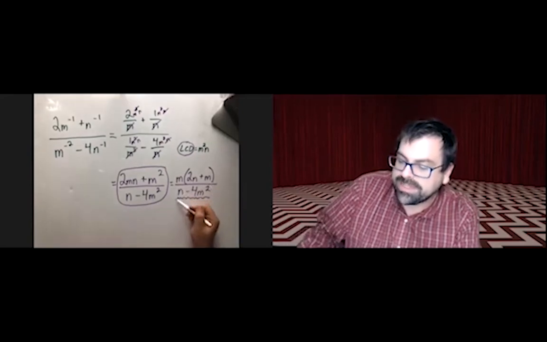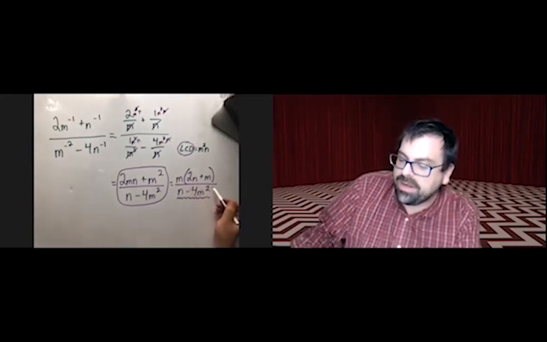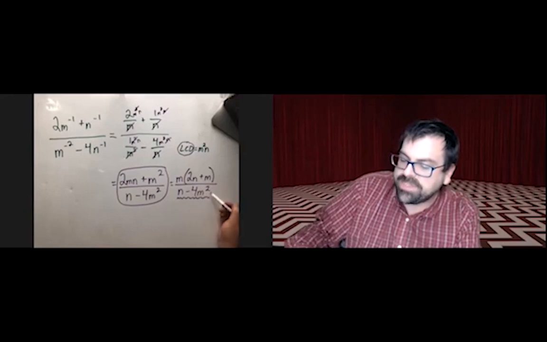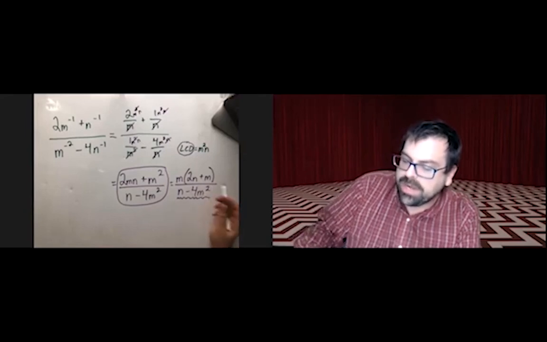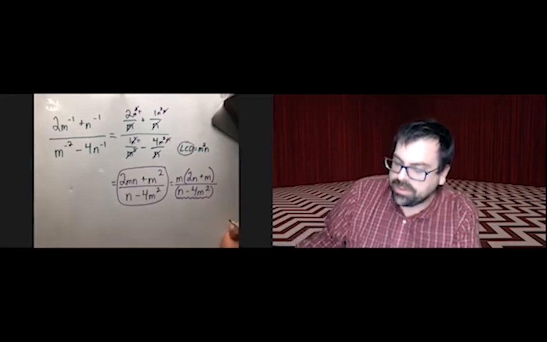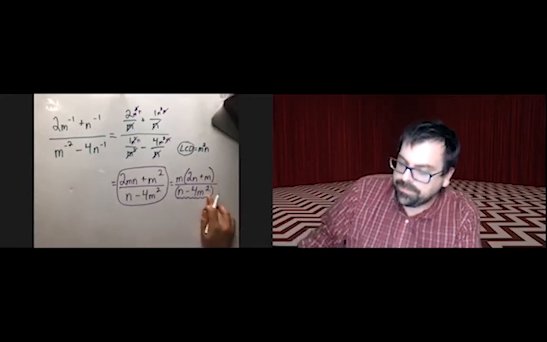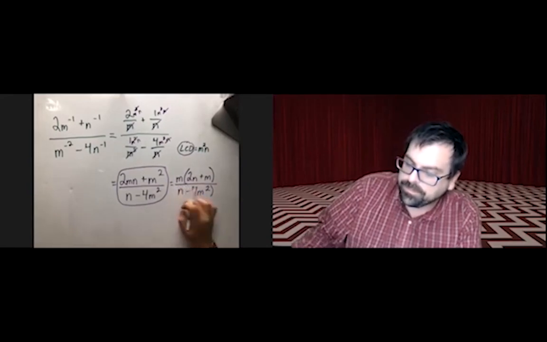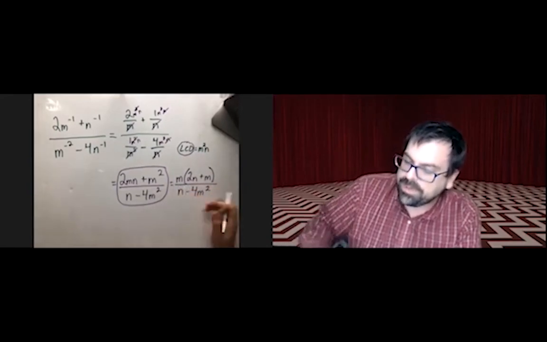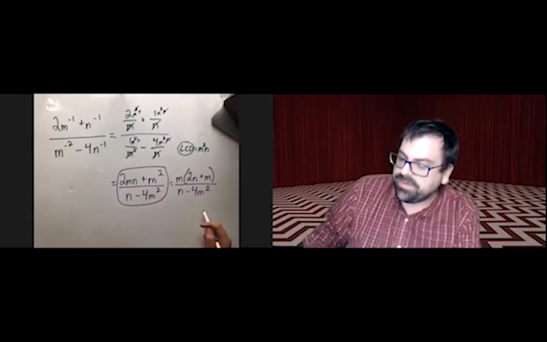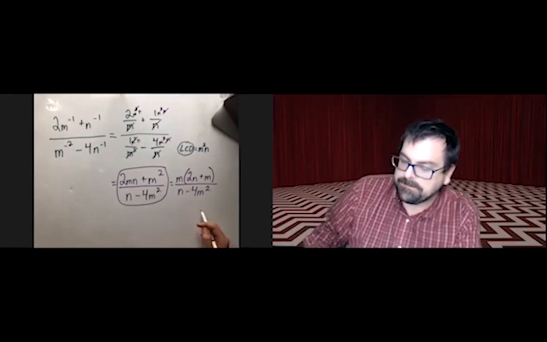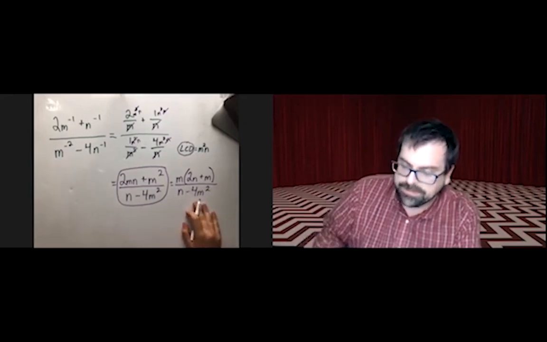But we cannot cancel an n, and we cannot cancel a 4m squared. It would have to be this whole thing because this is the factor. So it can't be simplified any more than this.